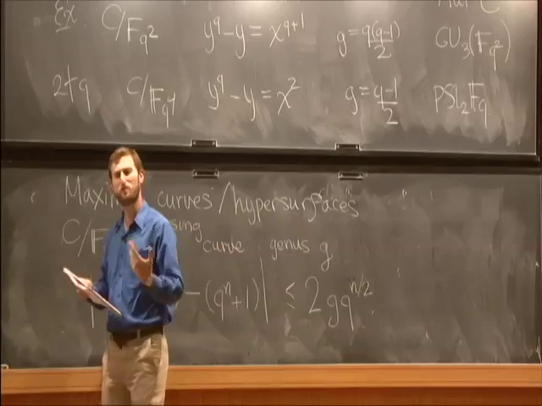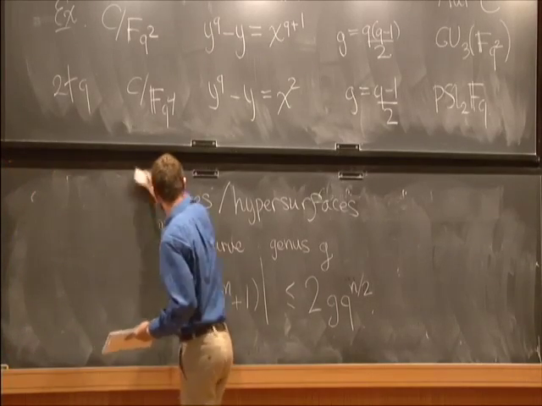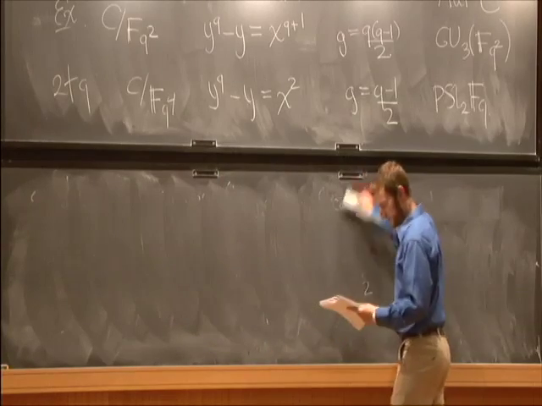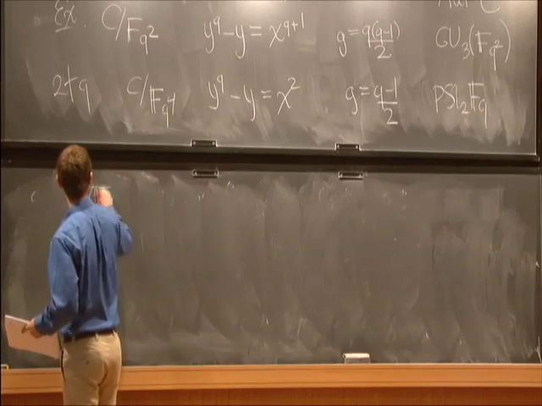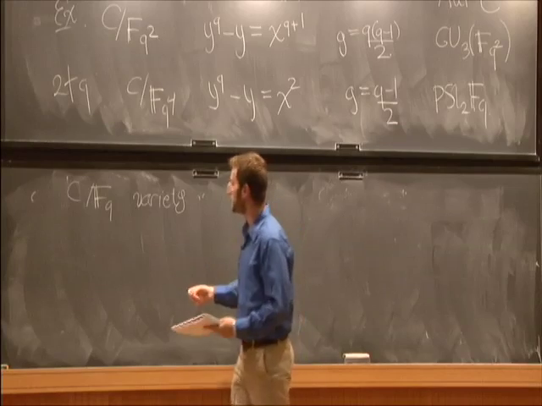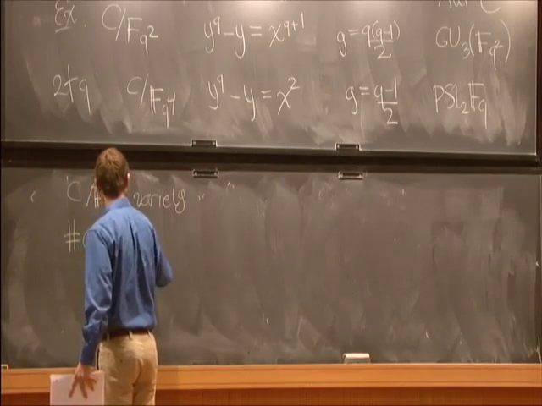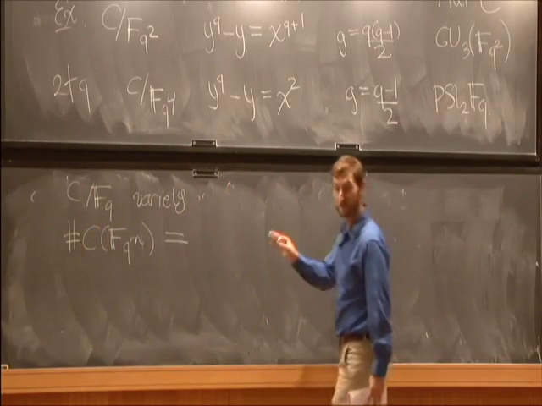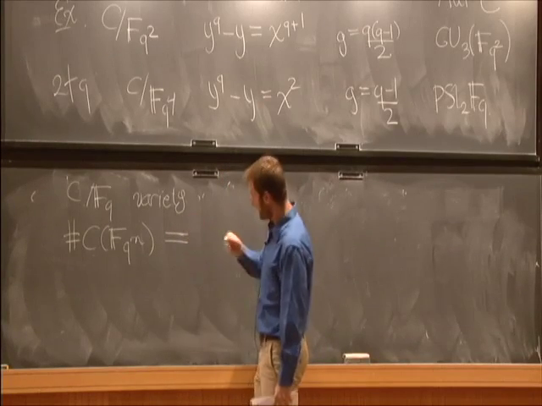All right. So in higher dimension, by maximal, it should be that there are the most number of points relative to the topology of the thing. So I'll make that more precise. Let's say C over F_q is a variety, non-singular, and we're interested again in the number of points of C over a finite extension F_{q^n}, and you can interpret this in some topological way.